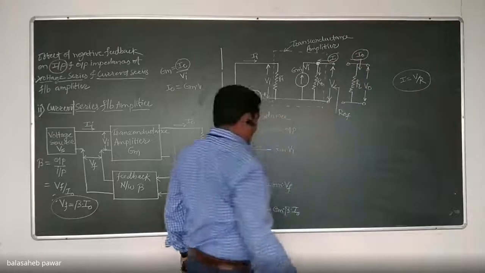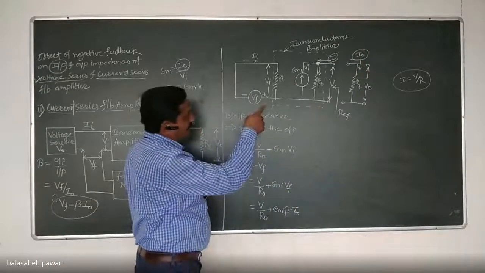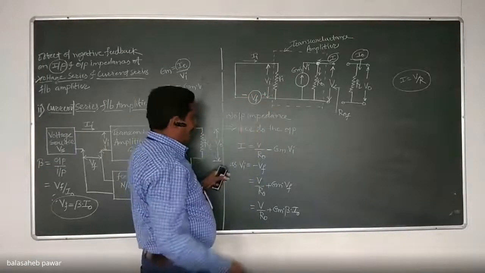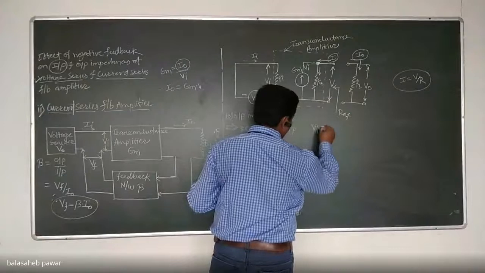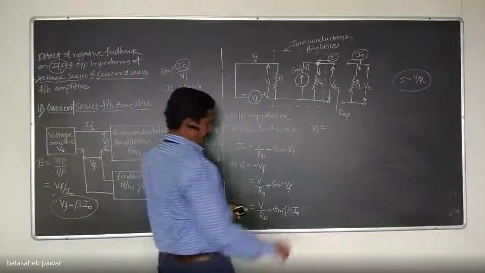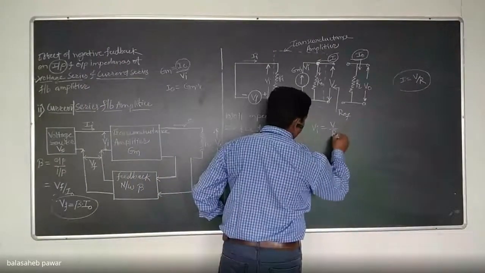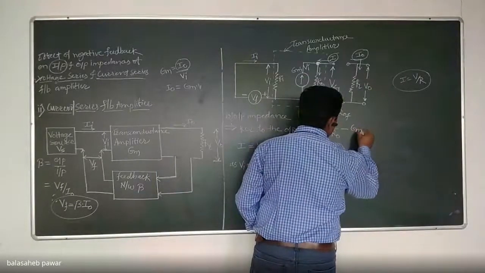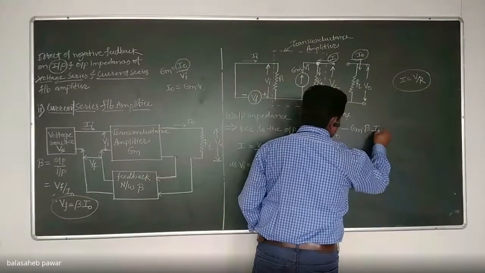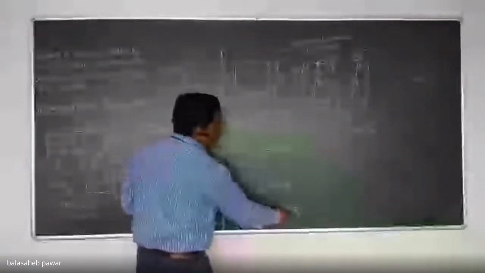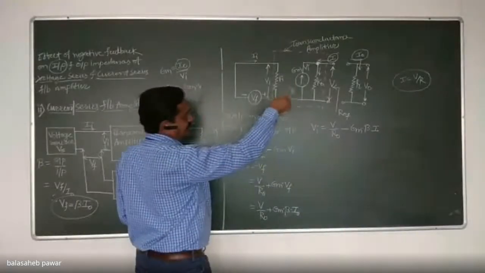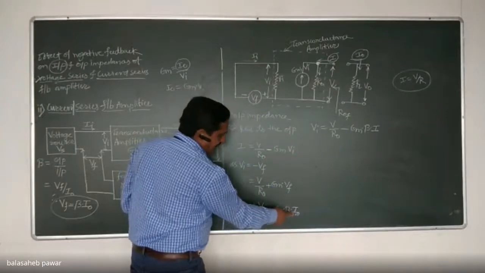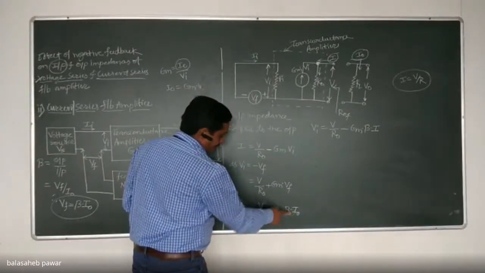So if we have to replace that IO in terms of I only, you will observe the direction is opposite. And that's why you have to write the same equation, that is I equals V by RO as it is, minus GM into beta into I. I replace this IO by I. Looking towards the AC equivalent, IO and I are opposite in direction, and that's why I change the sign of that output current to minus.